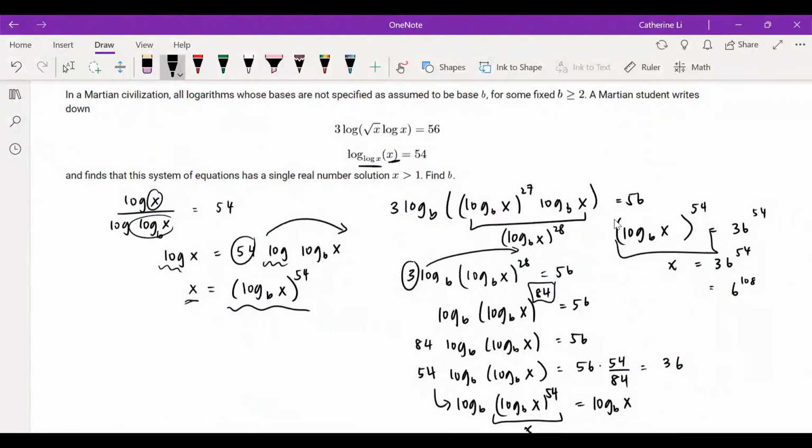And we want to find b, where x is equal to b to the 36. So 6 to the 108 equals b to the 36. And then taking the 1 over 36 exponent of each side, we get b equals 6 cubed, or 216.